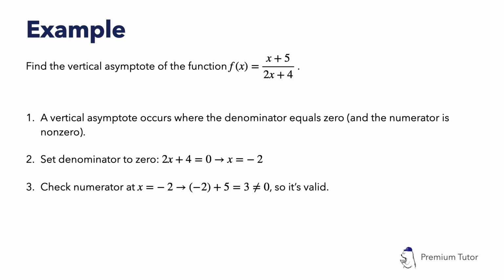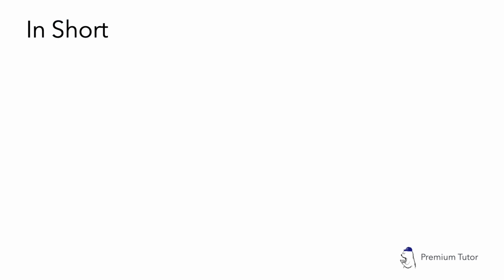At x equals -2, the numerator isn't 0. Instead, it's 3. So this point is not a hole. It's actually an asymptote. That means the line x equals -2 is where the graph shoots up or down without bound. It's that invisible line the curve can approach but never cross.